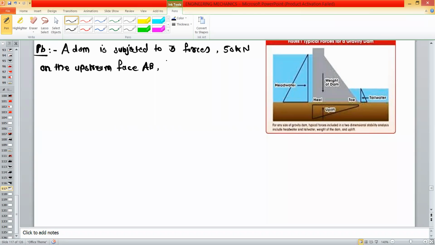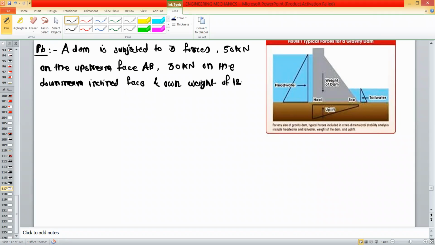Then the second force is 30 kilonewton on the downstream inclined face. And its own weight of 120 kilonewton, as shown in the figure.